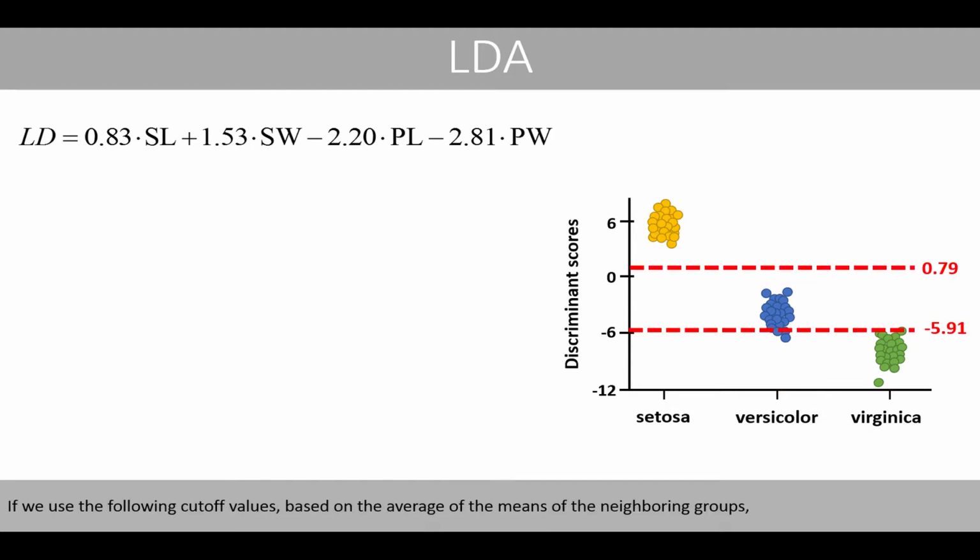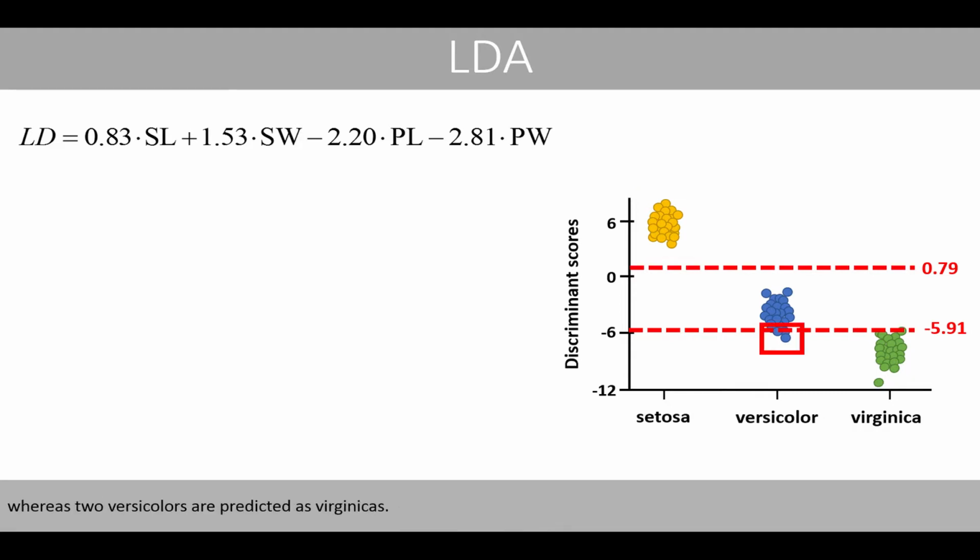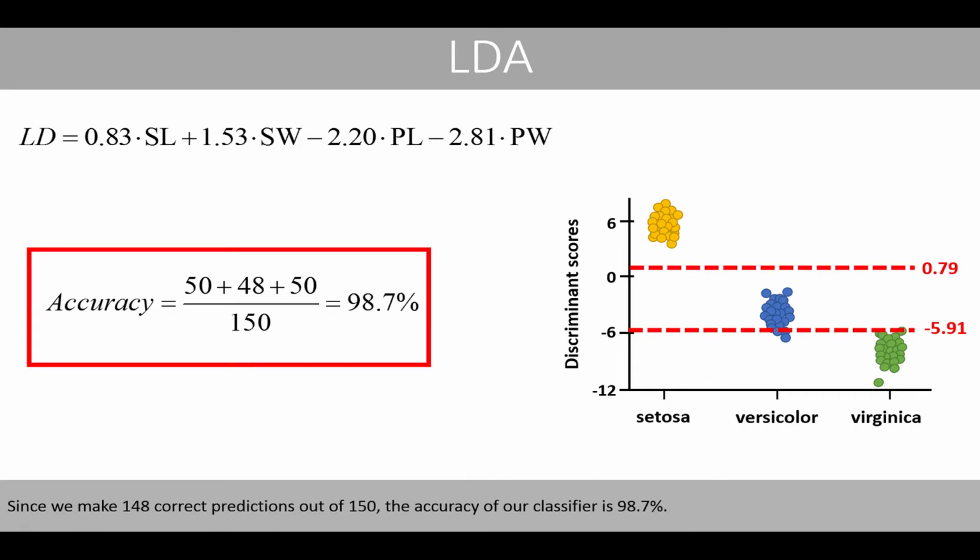If we use the following cutoff values based on the average of the means of the neighboring groups, then we see that all Setosa and virginica flowers are correctly classified, whereas two versicolors are predicted as virginicas. Since we made 148 correct predictions out of 150, the accuracy of our classifier is 98.7%.